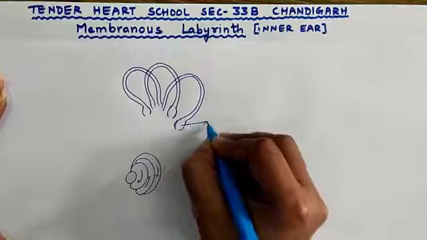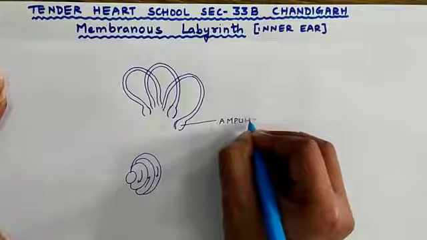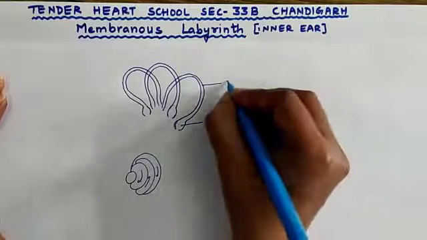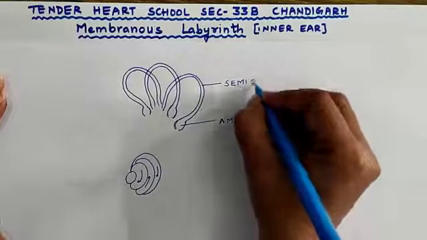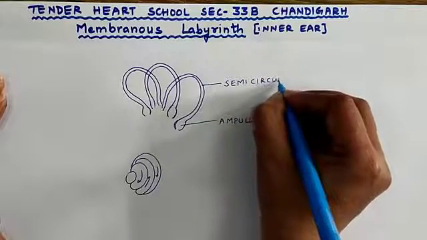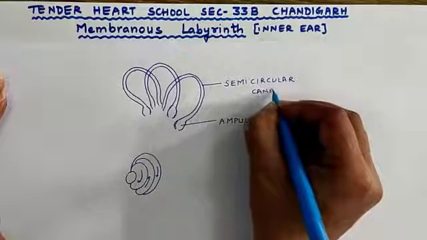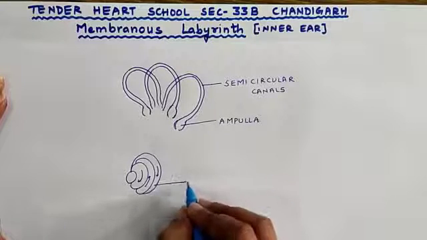So this region is the ampulla of the semicircular canals. These are three semicircular canals which are present at right angles to each other, and this is your cochlea.